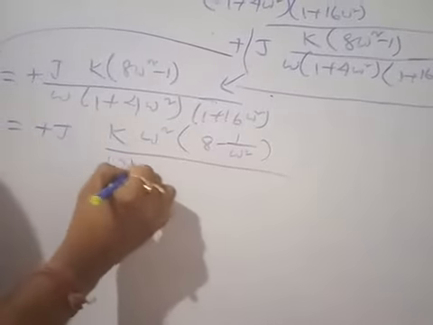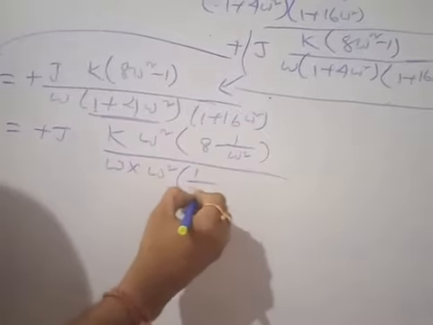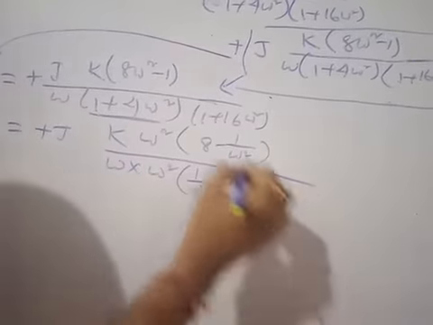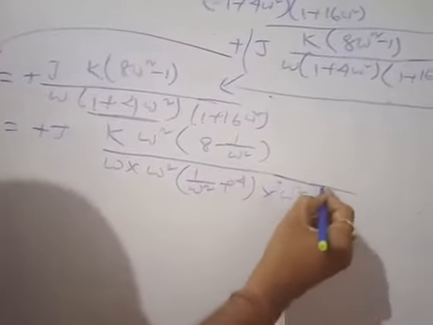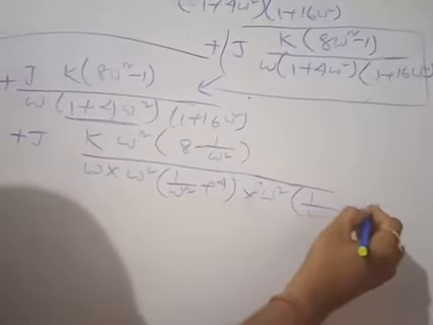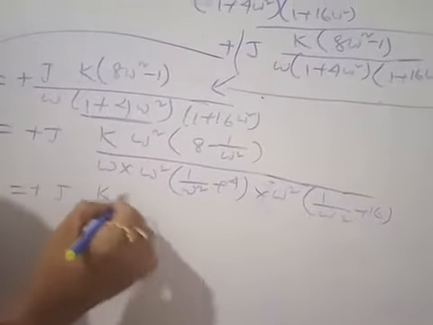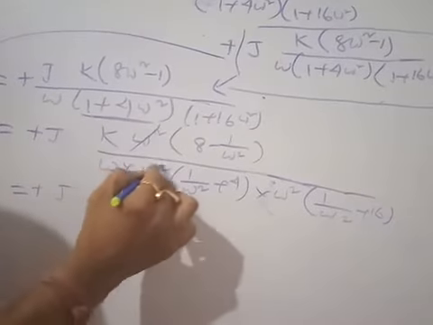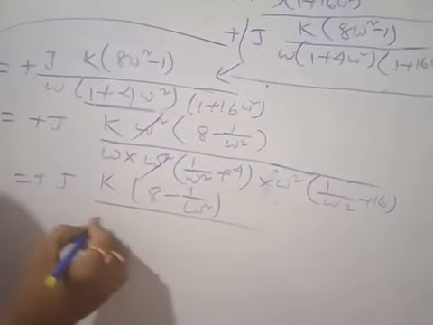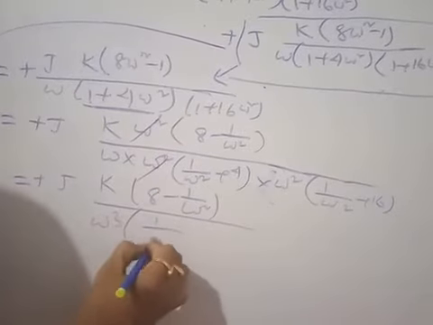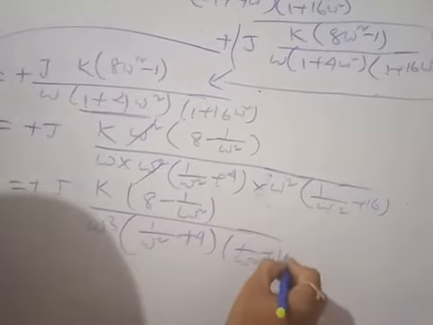Similarly from the denominator, from each factor you take omega square as the common factor: 1 by omega square plus 4, and 1 by omega square plus 16. Now this term becomes plus j k into omega square times (8 minus 1 by omega square) divided by omega cube times (1 by omega square plus 4) into (1 by omega square plus 16), right?